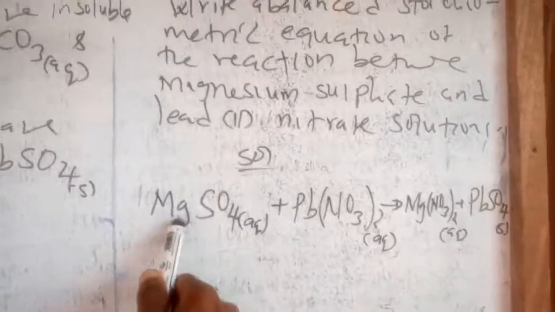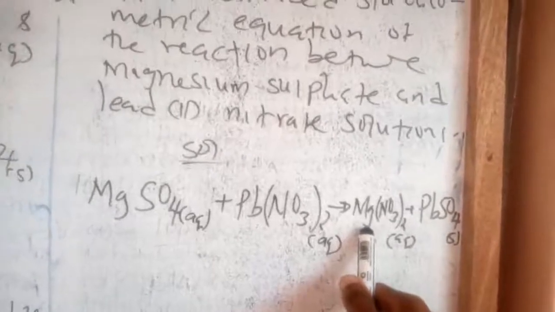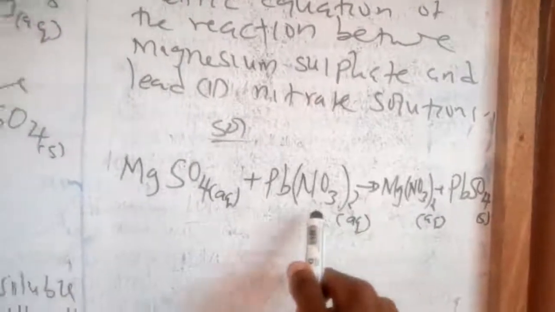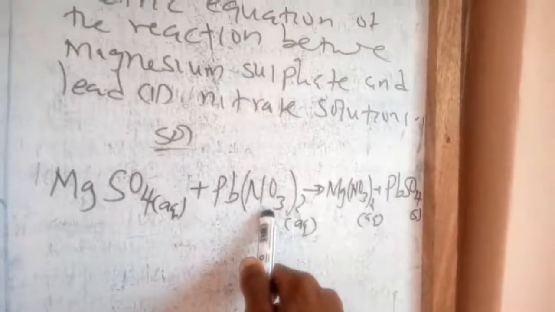Having done that, I'm going to check the reactant side and the product side. You can see how many magnesium ions are on both sides. Magnesium is 1, and on the other side is also 1, meaning that magnesium is balanced. What about nitrate radical ions?